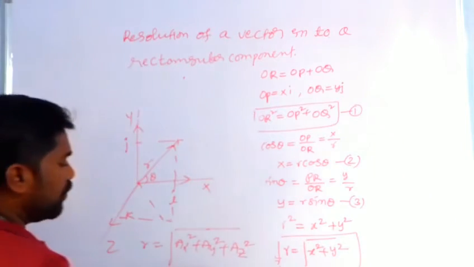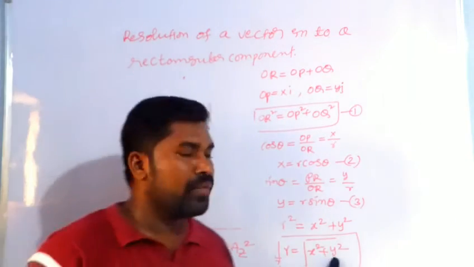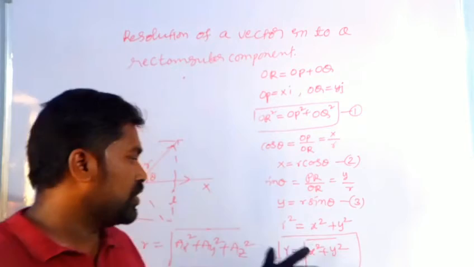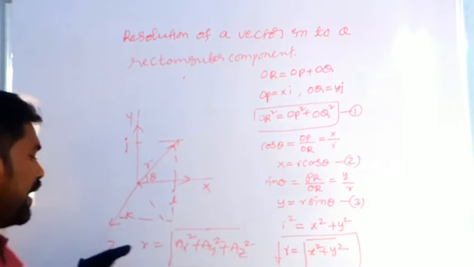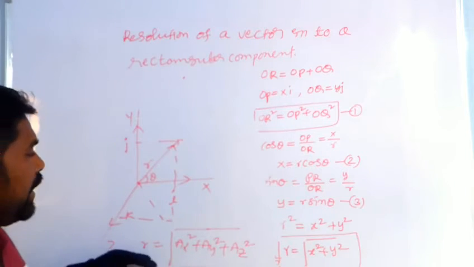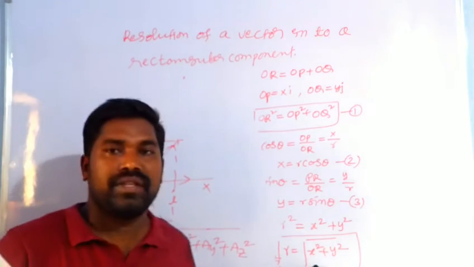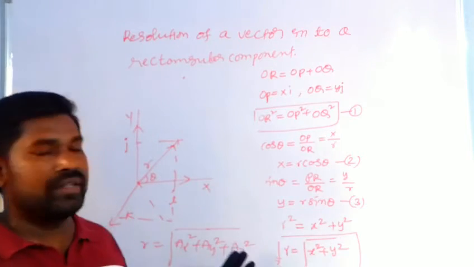So there are three components needed here, whereas in two dimensions, two components are needed. This is the xyz axes and this is the xy axes. It is the magnitude of the resultant vector in a three-dimensional plane, and this is the magnitude of the resultant vector in a two-dimensional plane.